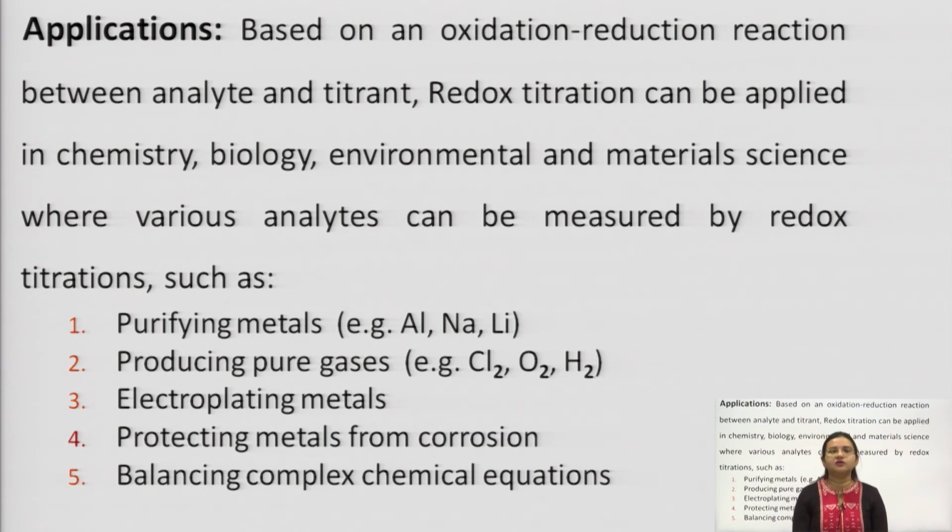So, this was all about types of redox titrations and their application, how to plot a redox curve, how important it is in monitoring a redox titration or redox reaction, what an oxidant and reductant are and how to calculate the equivalent weight of oxidant and reductant. So, this was the gist and summary of types of redox titrations and redox curve which we have seen in this lecture. I hope it was beneficial to every one of you.